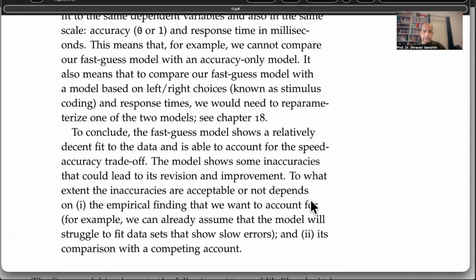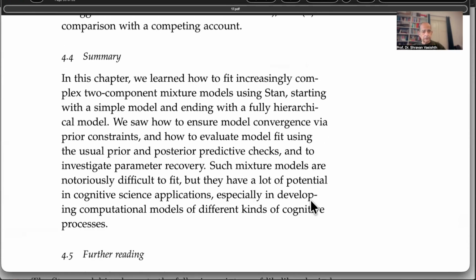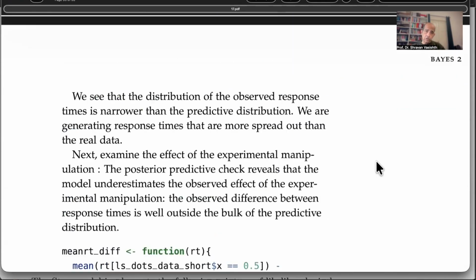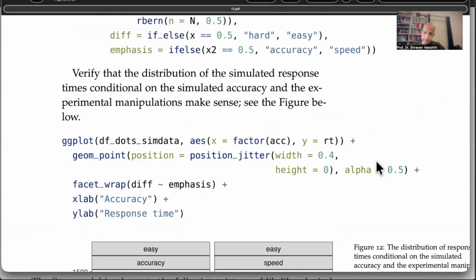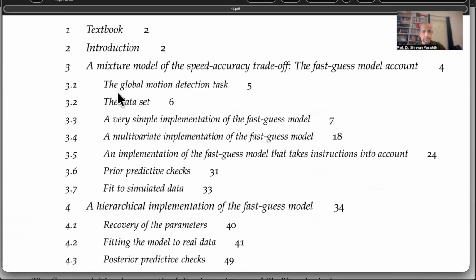So basically what we have achieved in this lecture is that we saw increasingly complex two-component finite mixture models, and we gradually built up the complexity. If you go to the table of contents, first, a very simple model, the implementation of the fast guess model.